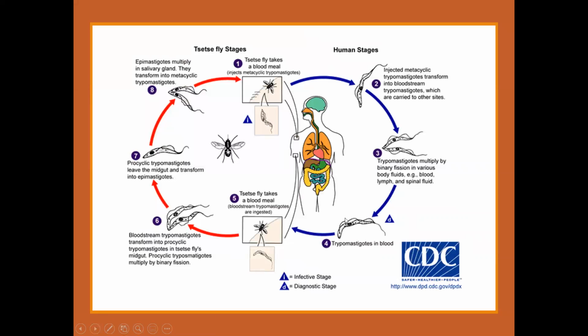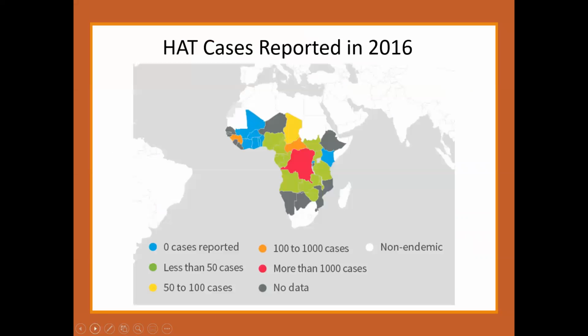It is a very complicated life cycle. The tsetse fly is a biological vector because replication takes place within the tsetse fly. This is something else that is on track for attempted eradication.